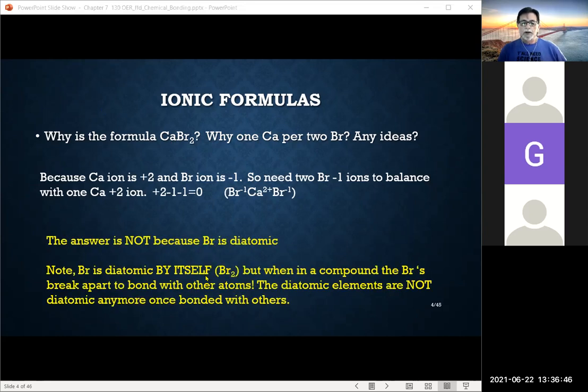Now you might be thinking, all right, wait a minute. We talked about the diatomic elements. Remember those? So you might be looking at that formula, CaBr2, and think, oh, bromine, diatomic. But here's the difference.